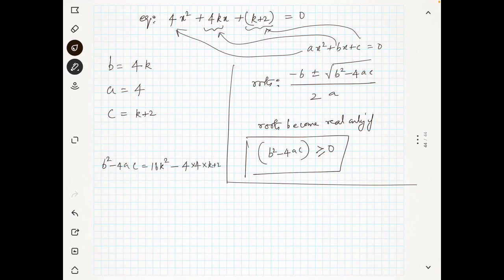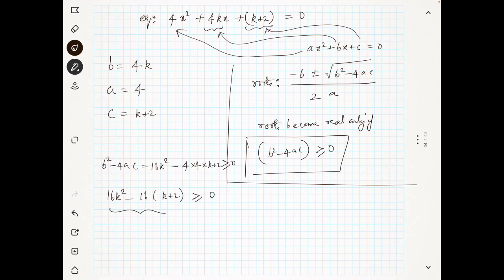This should be greater than or equal to 0, that means 16k square minus 16 into k plus 2 should be greater than or equal to 0.